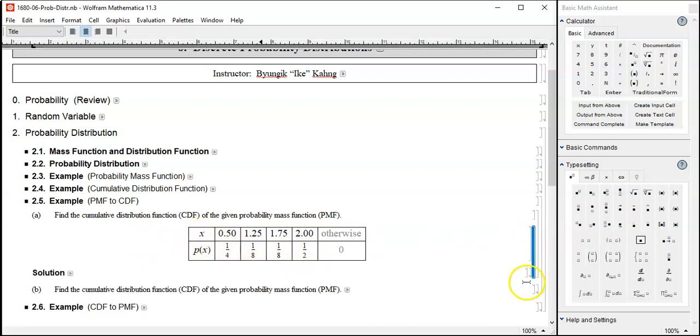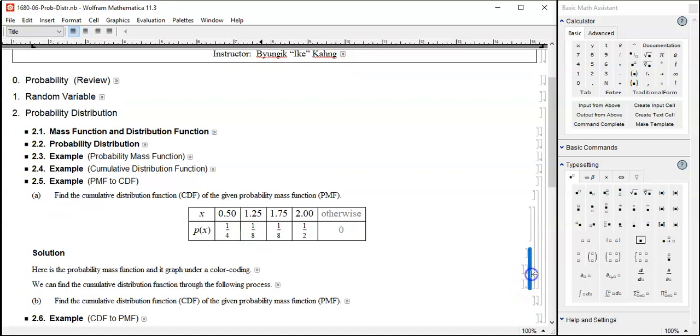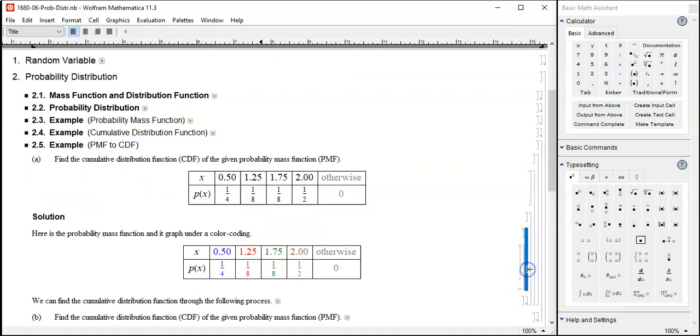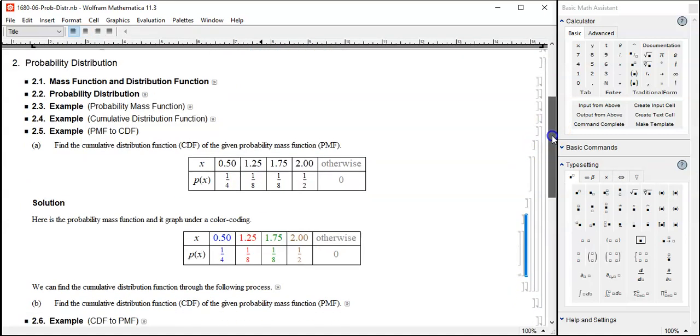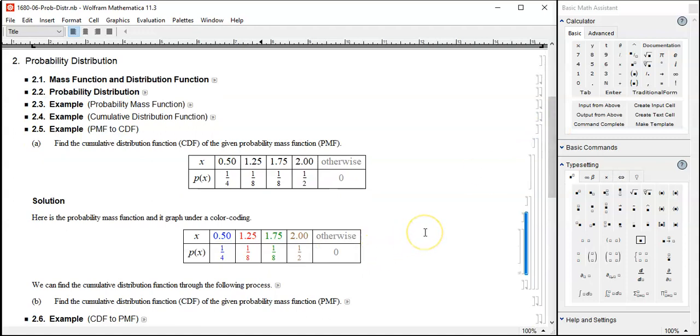Okay, let's go. First, let's begin with some color coding just to help us out. For the first possible value, 0.5, blue; 1.25, red; 1.75, green; and 2.0, brown.